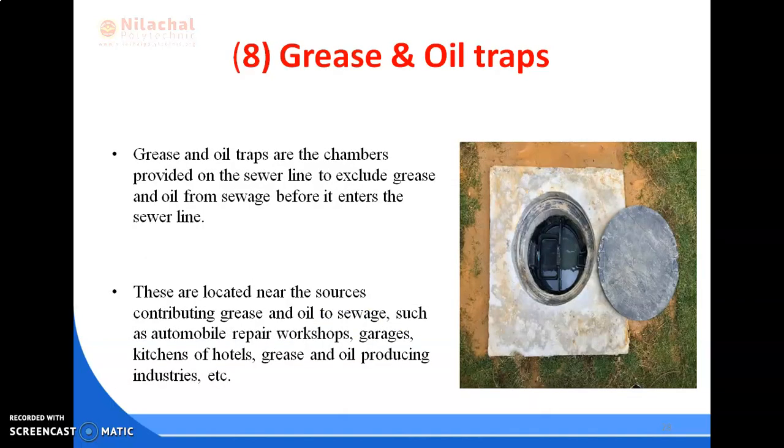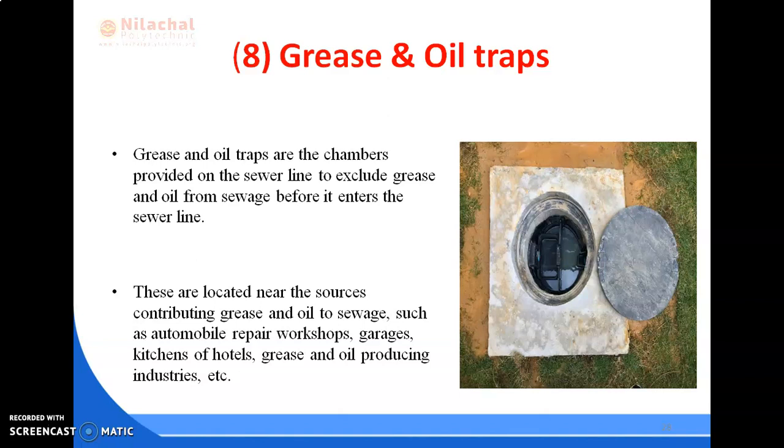The number 8, grease and oil traps. Grease and oil traps are the chambers provided on the sewer line to exclude grease and oil from sewage before it enters the sewer line.